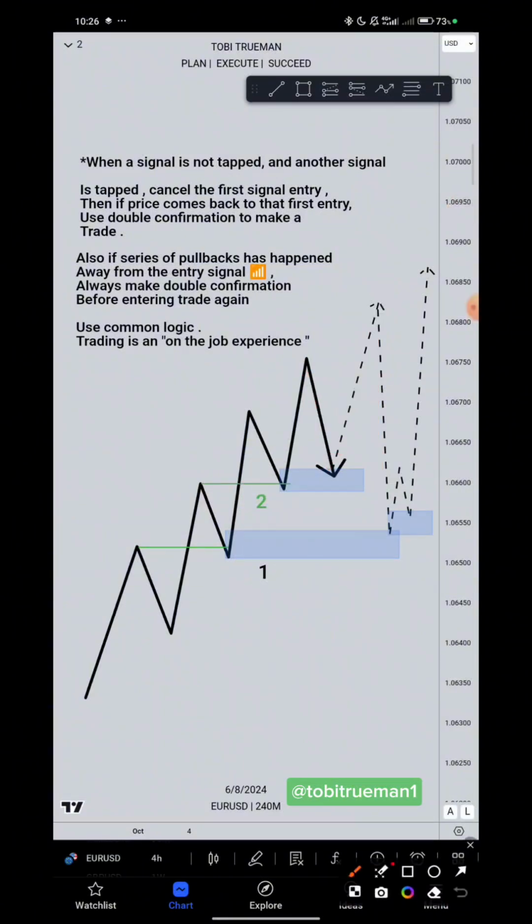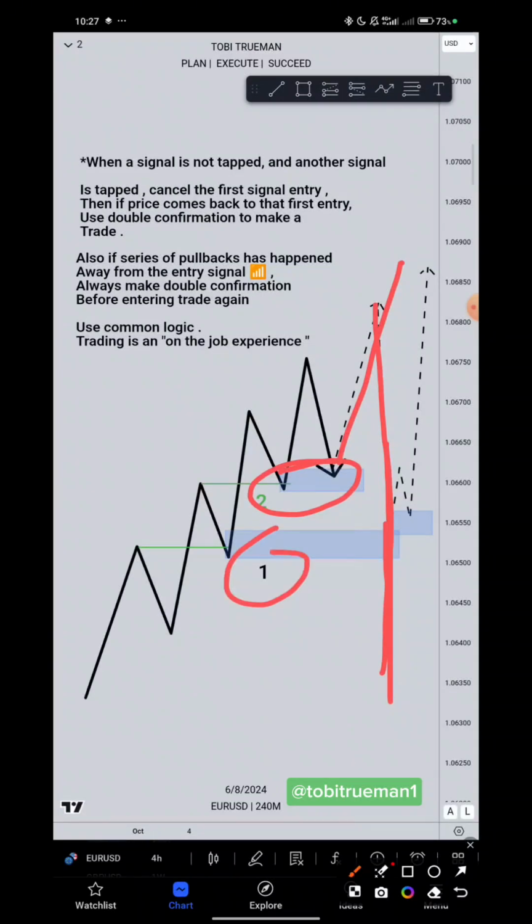For our confirmation entry, whereby if there is a demand zone here, we want price to also tap on the demand zone and give us our second entry, like another demand, a morning star candlestick pattern, all those things. That is going to give us new confidence to enter the trade. Because there are sometimes, since signal number 2 has been activated, price will just come into signal number 1 and deactivate it. This signal number 1 will no longer hold.